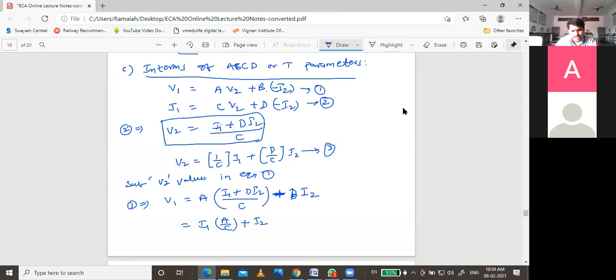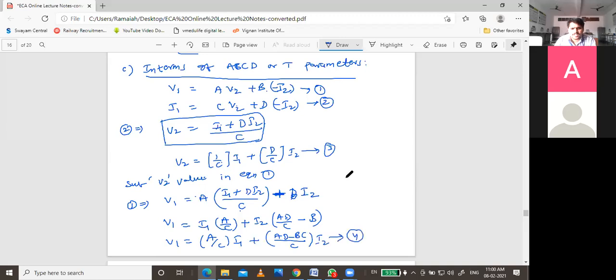If you take I2 common, this is AD by C minus B. So V1 equal to A by C into I1 plus (AD minus BC) by C into I2. Let us call this equation number 4.